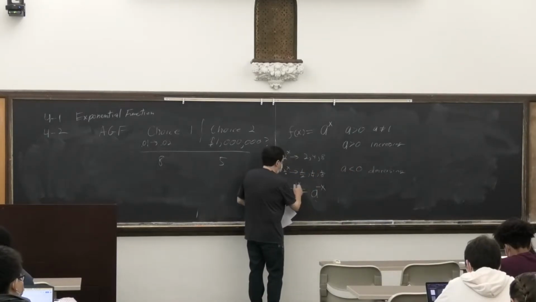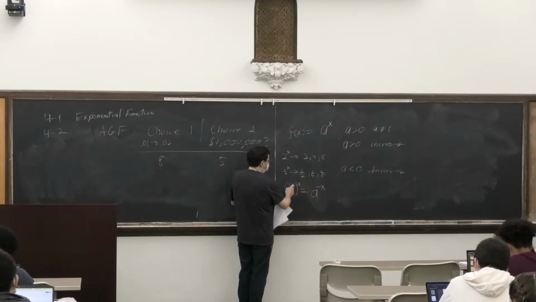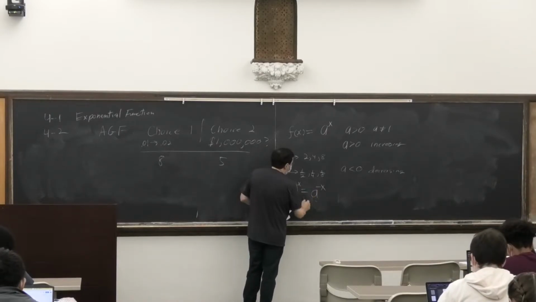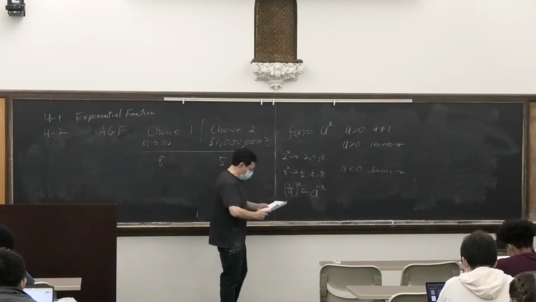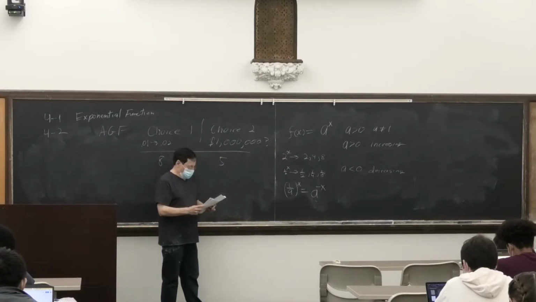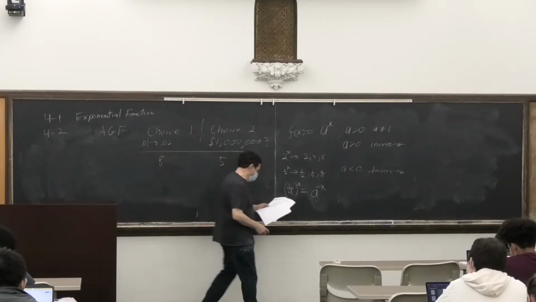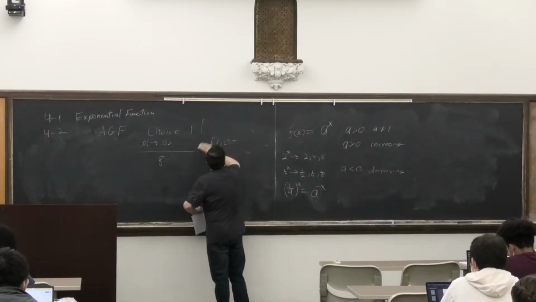So just by switching the signs here, we can make a 1 over a. If a is greater than 1, then 1 over a is less than 1, and vice versa. Just by switching the sign here, we can go back and forth between an increasing and decreasing function. All right, just going to make one more remark before we take a break.